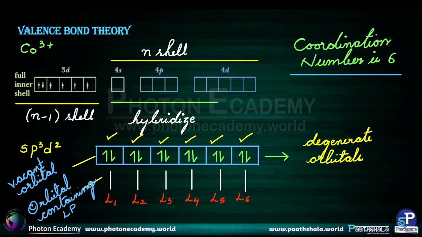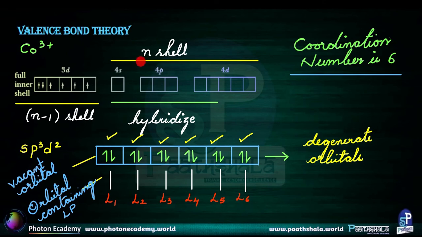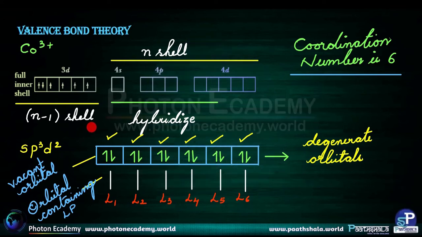During the process of hybridization, the d orbitals of either the n shell or the n-1 shell could be a part of the hybridization. If the d orbitals of the n-1 shell are involved in hybridization, we call them the n-1d orbitals or the inner n-1d orbitals.